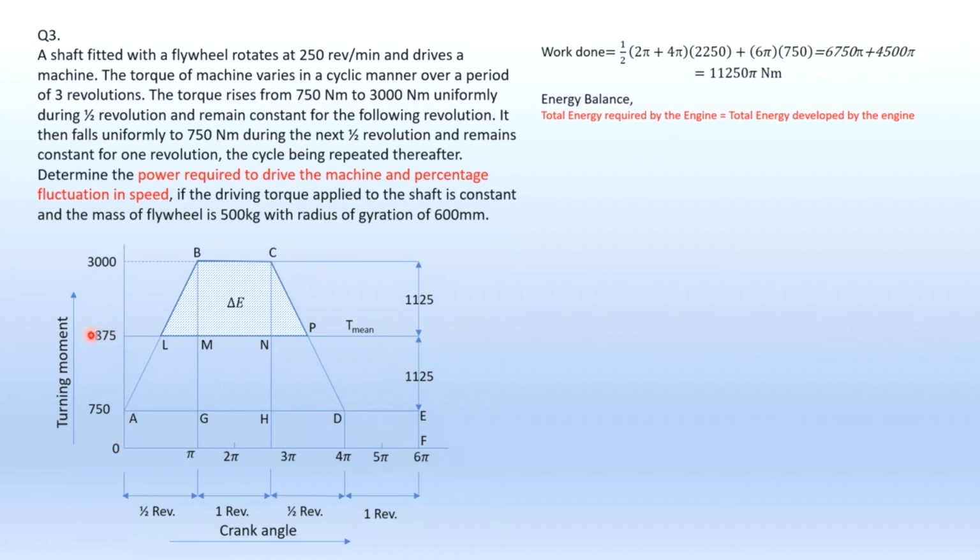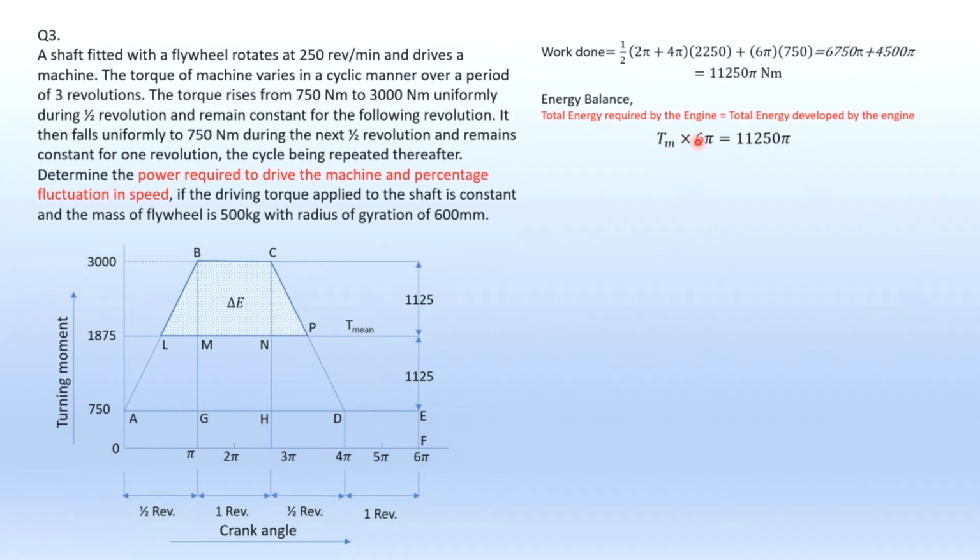That is based on this unknown T mean initially, multiplied by the base, that is 6 pi. Then the total energy developed, which we have already calculated earlier, that is the area of the trapezium plus the area of this rectangle here, will give you the total energy developed by the engine.